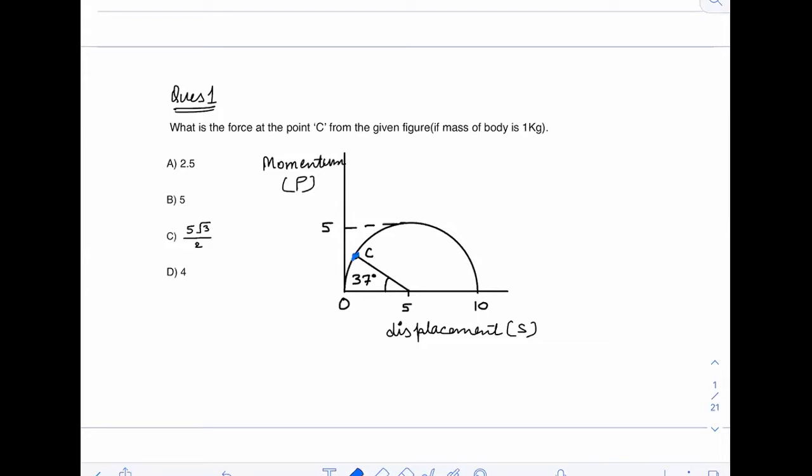So take down this figure and write down the solution for this question now. You have 1 minute for this. After 1 minute, I'll start solving this question.